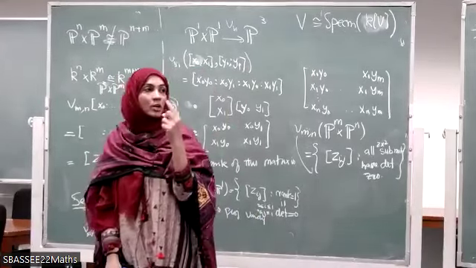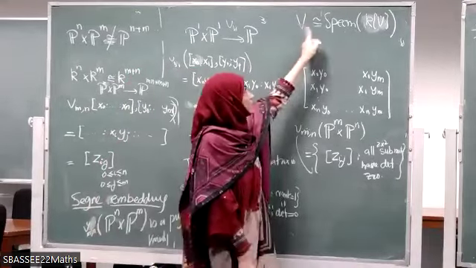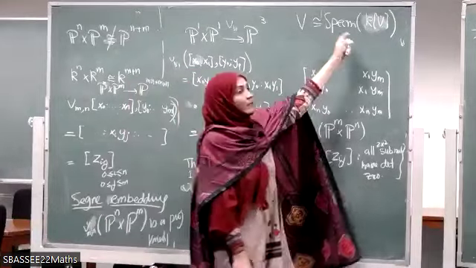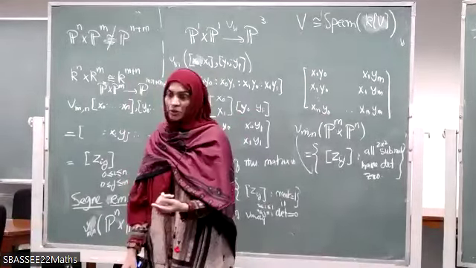Every maximal ideal corresponds to a single point in its variety, so that's why we can write this. And this setup satisfies the discrete topology structure.